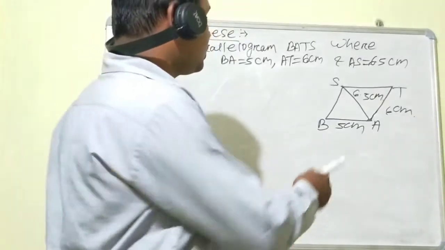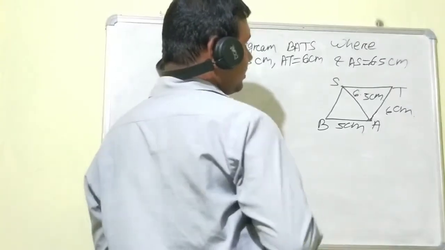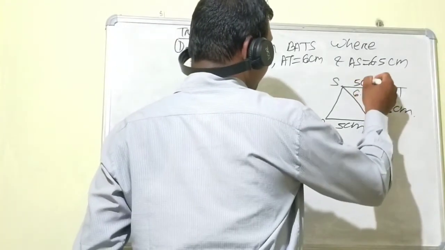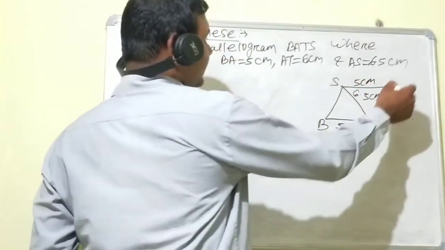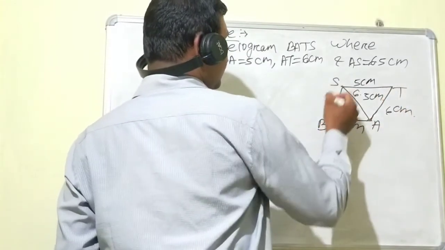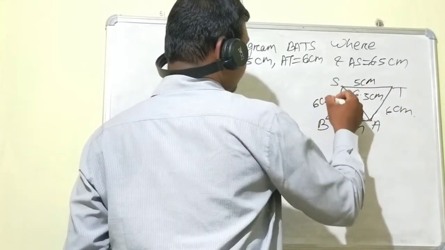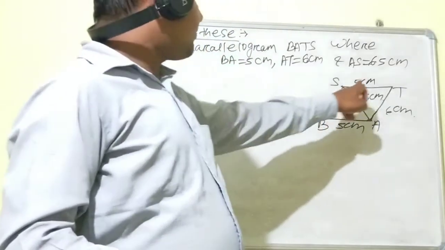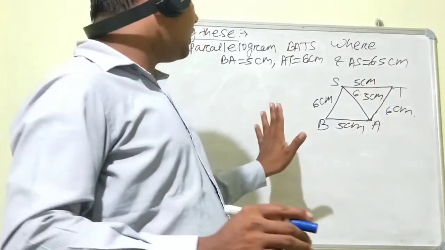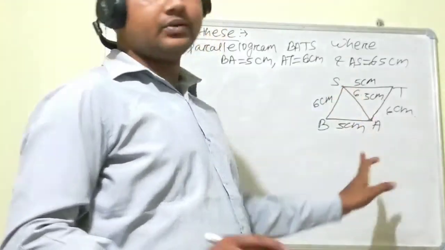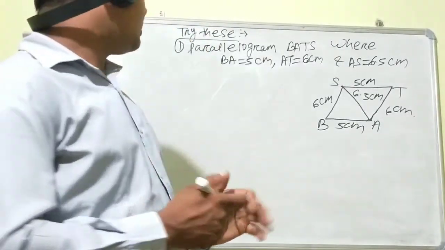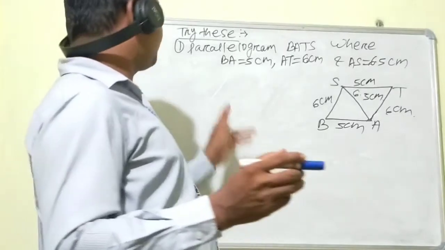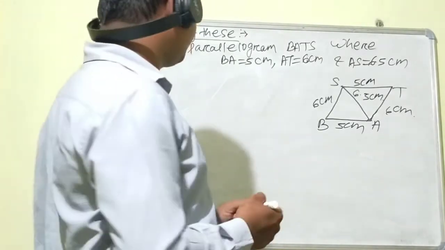So suppose BA is 5 centimeter, then ST is also 5 centimeter. And AT is 6 centimeter, then BS is also 6 centimeter. So now the first process is fulfilled, that is 4 sides and 1 diagonal are given. So we'll proceed to the construction of the final diagram.